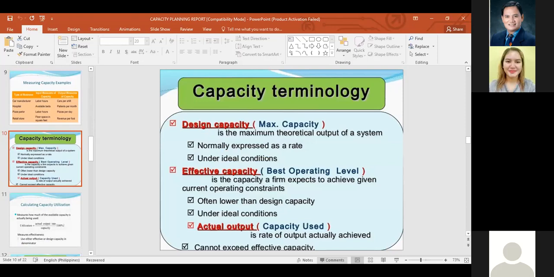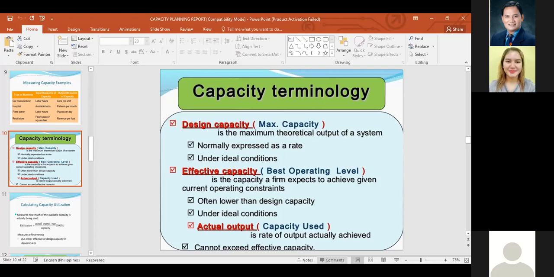So, the capacity terminology. Design capacity is the maximum capacity, or the maximum theoretical output of a system. It is normally expressed as a rate, under ideal conditions. Effective capacity is the best operating level.